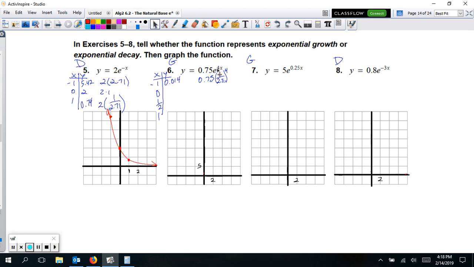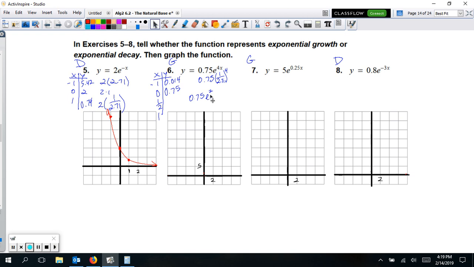If we plug in 0, that makes this 0, so e to the 0 would be 1. That's just going to be 0.75, because 0.75 times 1 is 0.75. If we do the half here, we could say 4 times a half is 2. That's why I did this with the half, because I could then quickly take half of 4. So we have e to the 2nd power. So we're going to square the e.